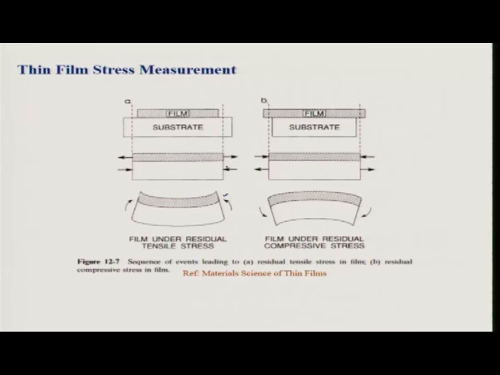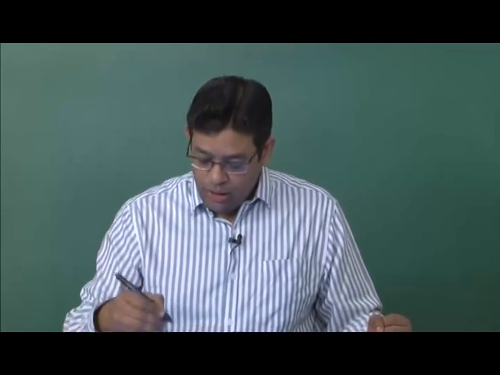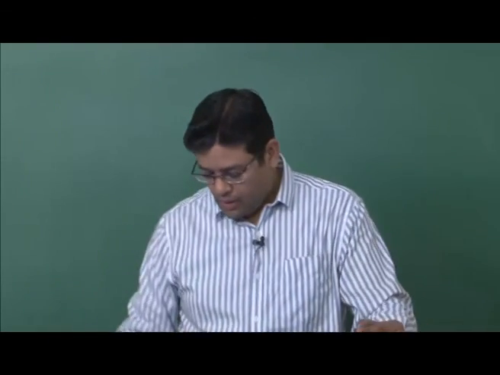So, if my substrate was under compressive stress and the film is under tensile stress, then there is a bending moment on the two edges, and it will lead to this curvature, warping of the substrate, which probably you cannot see optically by naked eye because your substrate is usually very thick. So you will not be able to see this, but we have techniques that can measure this bending and then relate it to the stresses in the film.